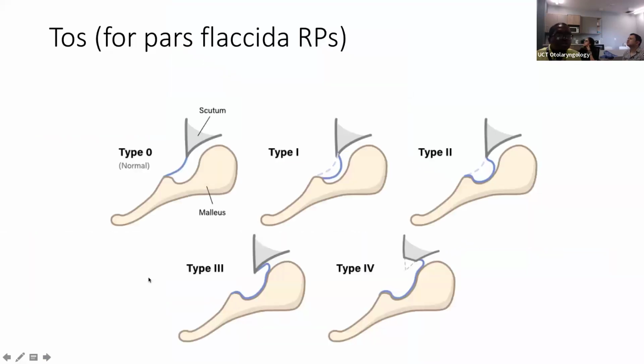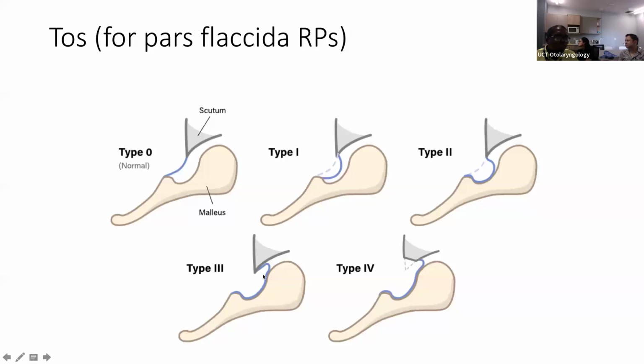Then the pars flaccida staging. For this, the normal pars flaccida will look somewhat like this. The type 1 is where the retraction pocket is towards the neck of the malleus, but then there's a space between the malleus and the pars flaccida. Then when it is attached to the neck of the malleus, that will be the type 2.